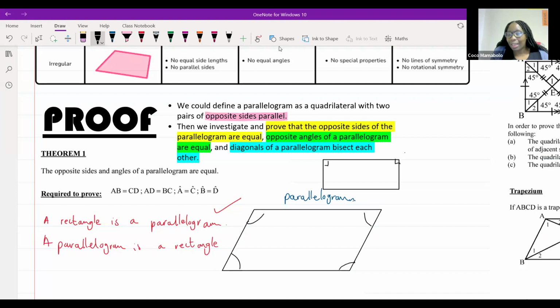So a rectangle is a parallelogram because the opposite angles are equal, as in a parallelogram. But a parallelogram can't be a rectangle because in a rectangle specifically, I need there to be a 90-degree angle. Okay, am I making sense? Give me a thumbs up if you understand what ma'am is saying.